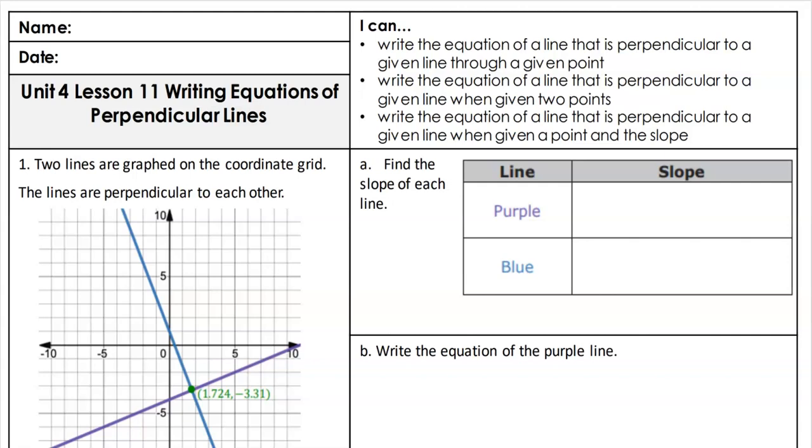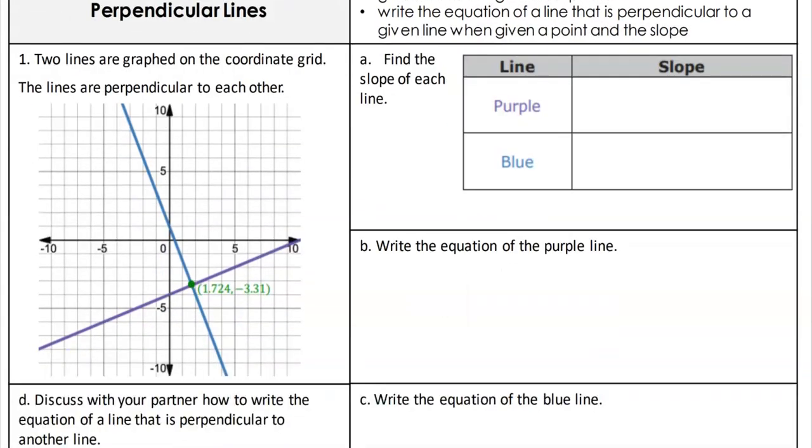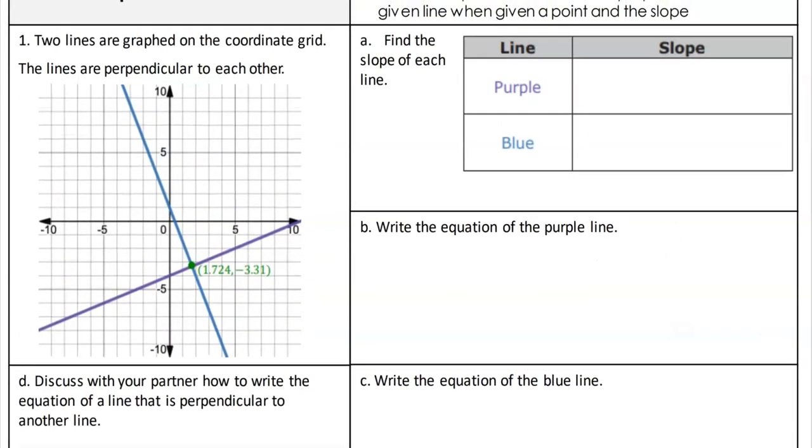Two lines are graphed. The two lines are perpendicular to each other. Find the slope of each line. So what is the slope of my purple line? Looks like you go up 1 over... let's see, it looks like here to here.